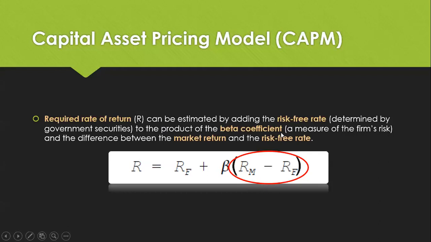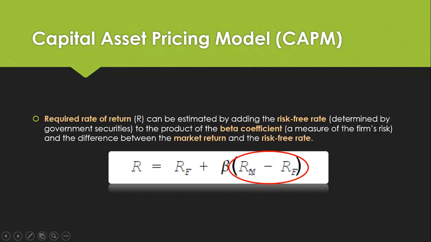Of the beta coefficient. The beta coefficient is a measure of the firm's risk, the firm you are investing in. It shows how risky that firm is. That is the beta coefficient, multiplied by the difference between the market return and the risk-free rate. So you multiply the beta to the difference between the market return and the risk-free rate.